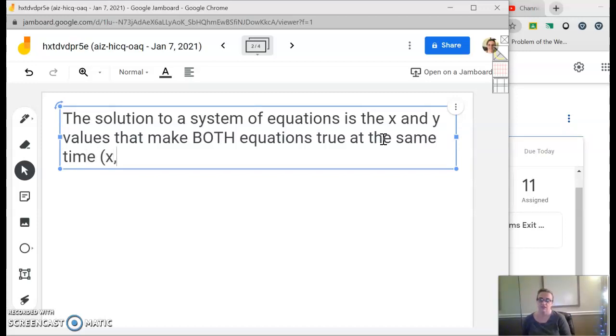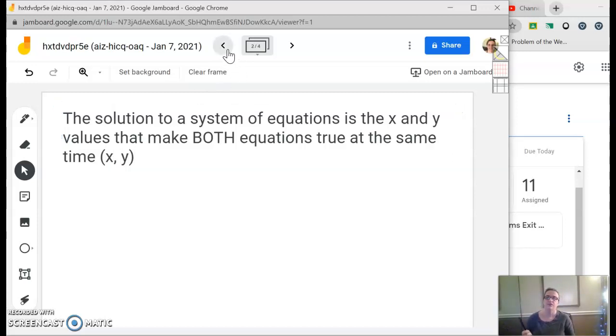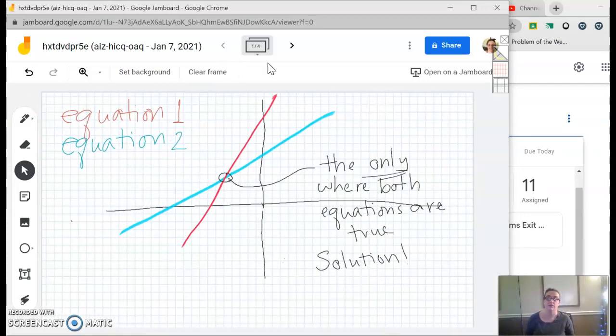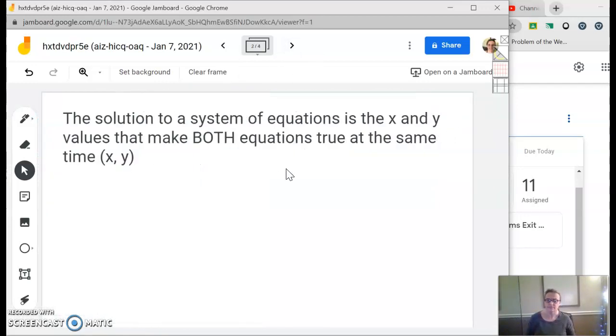So it's going to look like x comma y. It's some xy value that makes both equations true at the same time. And again, looking at the picture, it's this point where the lines cross. So I can just add a note here on a graph. It's where the lines cross.